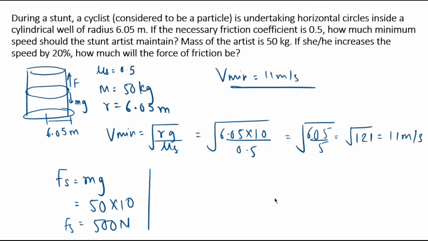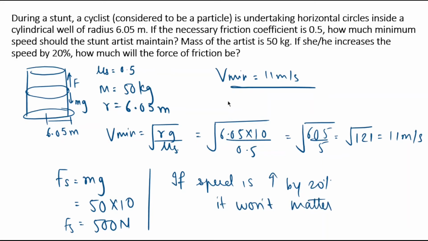After V minimum, no matter how much the speed is increased, it won't affect anything. So we can say that if speed is increased by 20%, it won't matter. The condition that matters is that if speed is decreasing below V minimum, then he will fall down.